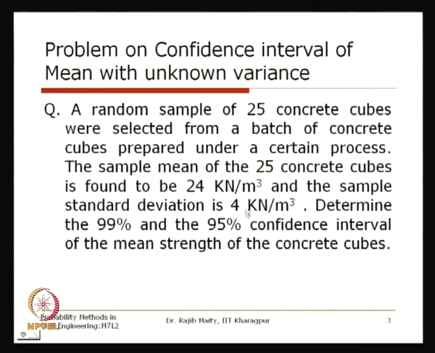Similarly, we can use the estimator for the standard deviation. Here these values are already given, because in this problem what we are mainly discussing is finding their confidence interval. So the background to this data, this 24 as well as this 4, is basically obtained from these 25 different values obtained from the experiment.